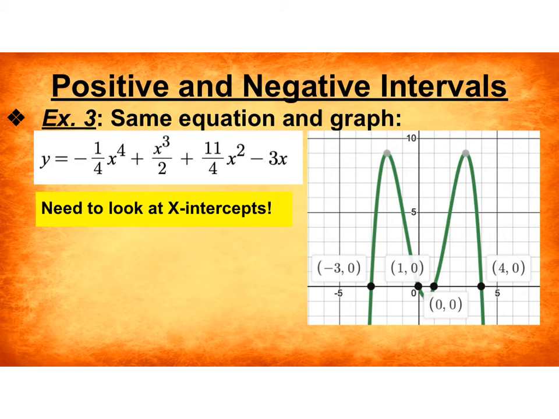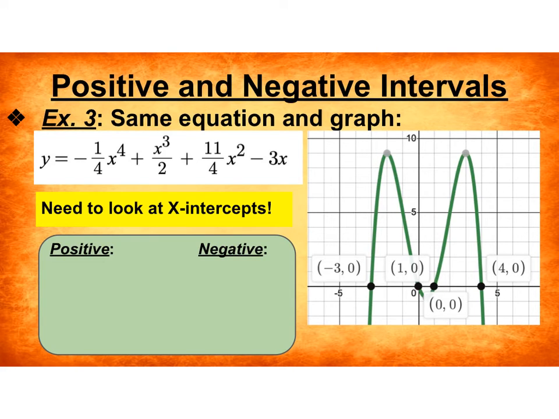So I went ahead, it did factor nicely. So these are the x-intercepts, and now we want to think about when it is positive and negative. When it's positive, it's above, and that's from this point to this point. So again, interval notation, and again, soft brackets, because when it's at 0, it's neither positive nor negative. So -3 to 0 is a positive interval.